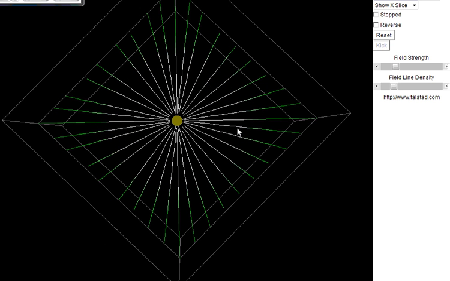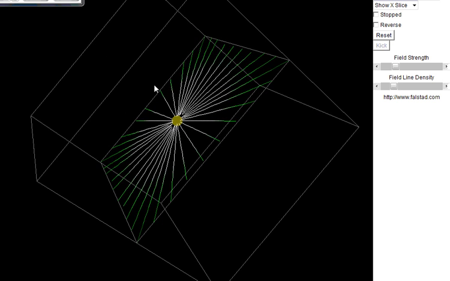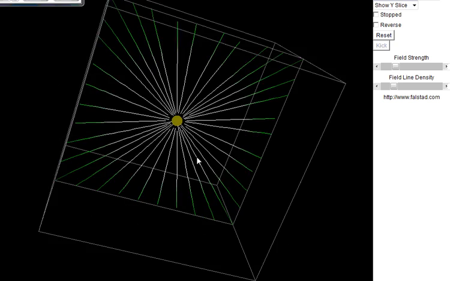So here are the field lines coming off. In this particular program, the brighter or the more white the lines, the stronger the field, and the green denotes the weaker field. And so you can see it's coming off in this radial direction like we expect. But if I then switch to, let's say, the other plane, you can see again it's that same shape.